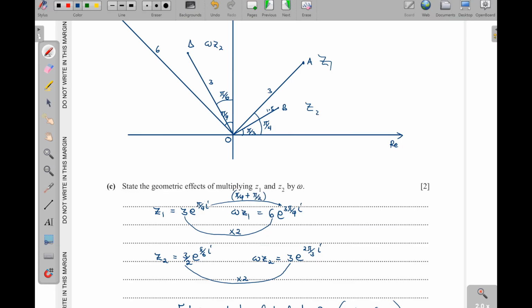So it's a quarter turn, because 90 is a quarter of 360.